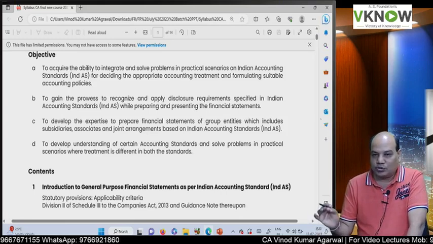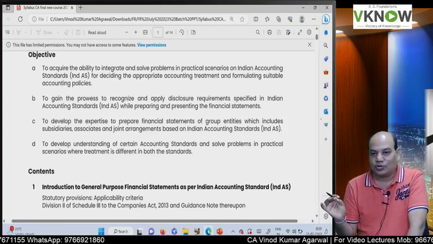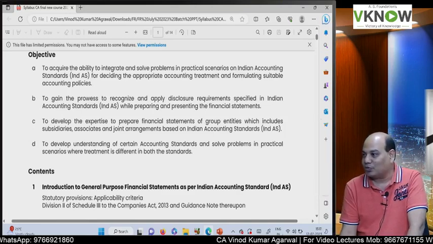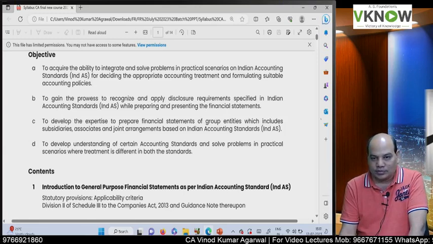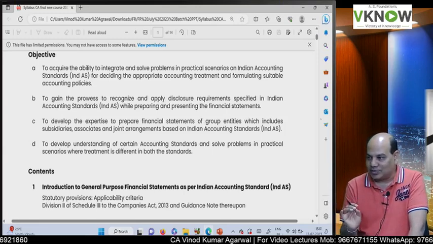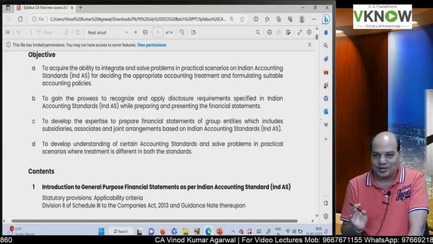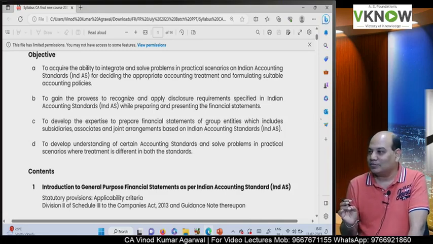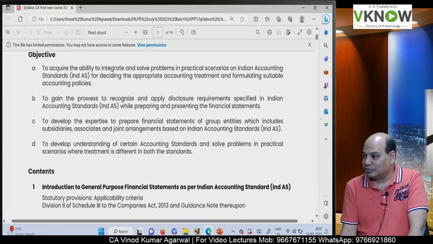Not only the companies which are listed are supposed to follow Ind AS. Not only companies which have net worth above 250 crores are required to follow Ind AS, but their subsidiary companies, associate companies, joint venture companies and partnership firms will also follow Ind AS.